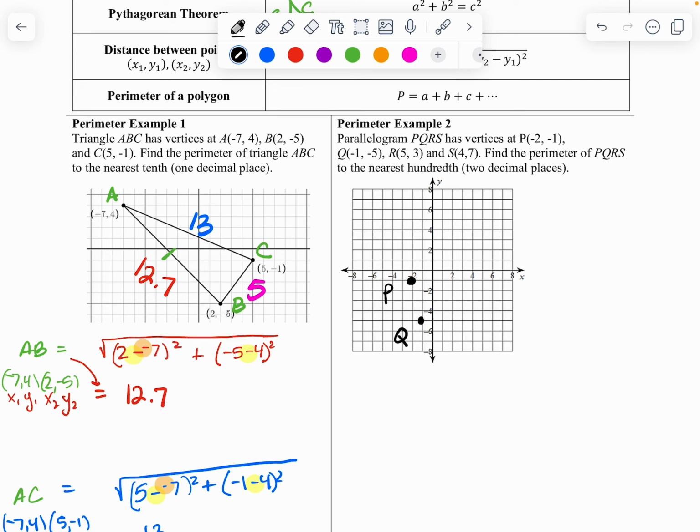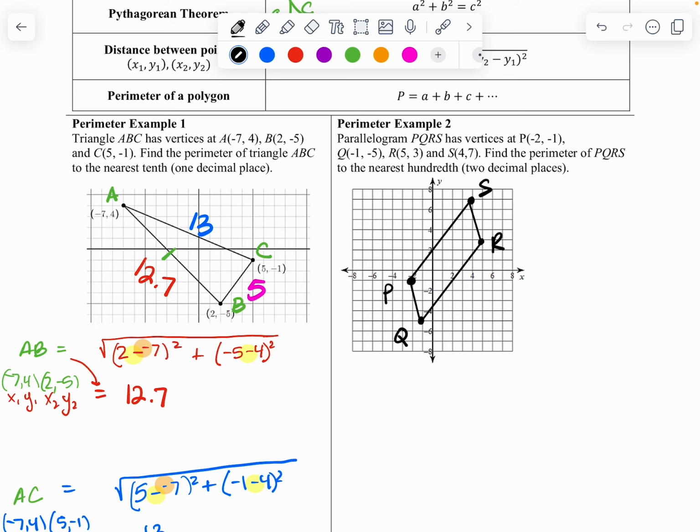And then R is right 5, up 3. And S is right 4, up 7. So then we connect the dots, and we get our parallelogram.